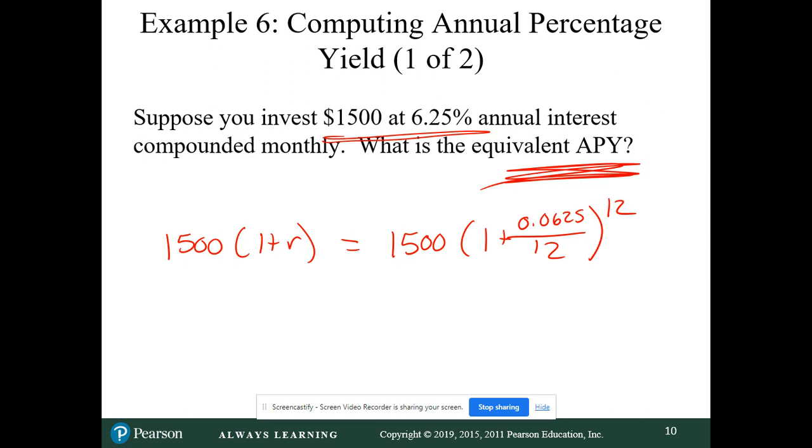Okay, that's how we set it up. So we can divide by 1,500 right away, and that disappears. So 1 plus r is equal to whatever this number is. Somebody calculate out that number. 0.0625 divided by 12 plus 1. Take that to the 12th power.